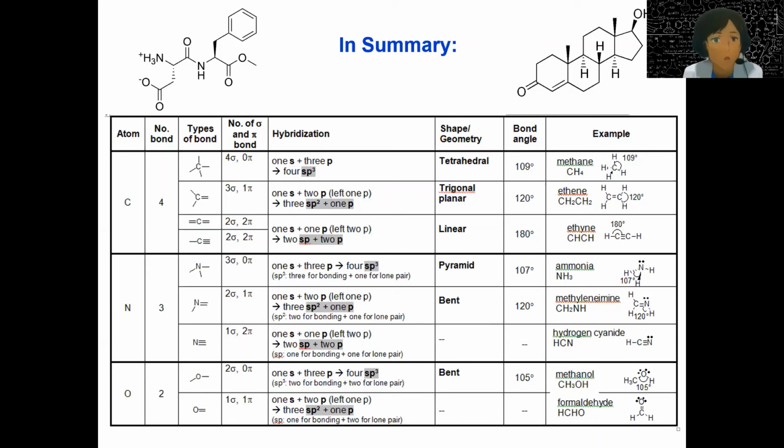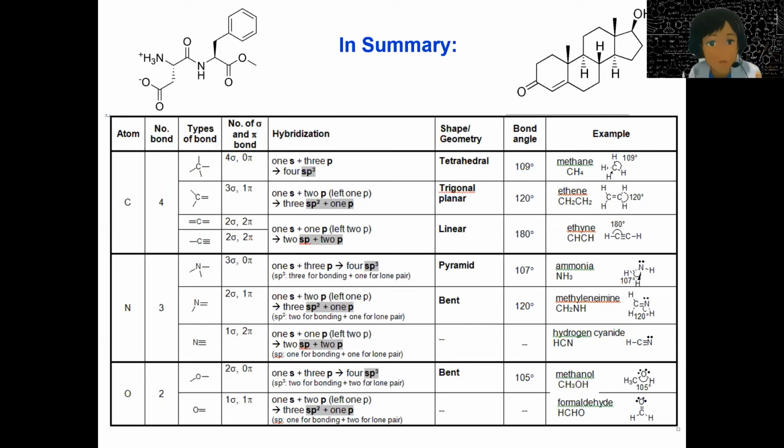For oxygen, you can have all single bonds for the two bonds, and that's sp3 hybridization, which means 1 s orbital mixed with 3 p orbitals to give us 4 sp3 orbitals. The shape is bent and the angle is 105 degrees. For the double bond in oxygen, you have 1 sigma 1 pi, and a double bond is sp2.